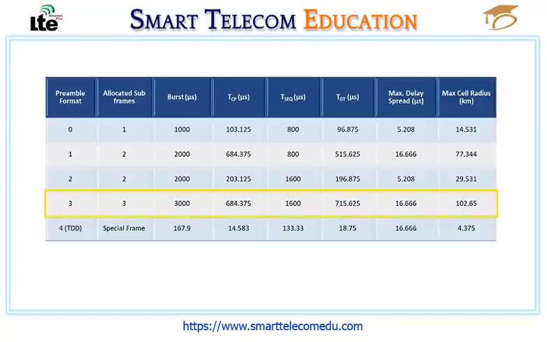Format 3, 3 milliseconds random access burst with 1600 microseconds preamble sequence, for very large cells, up to 100 kilometers. Format 4 is only available for LTE TDD, frame structure type 2 and special subframe configurations, for small cells, up to 4 kilometers.